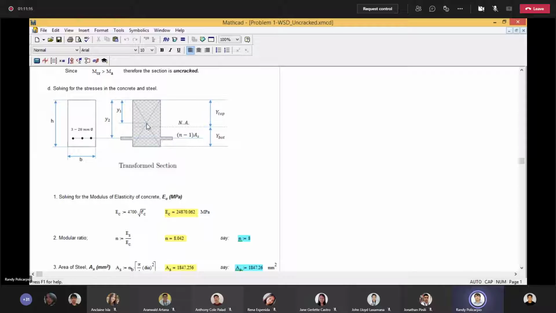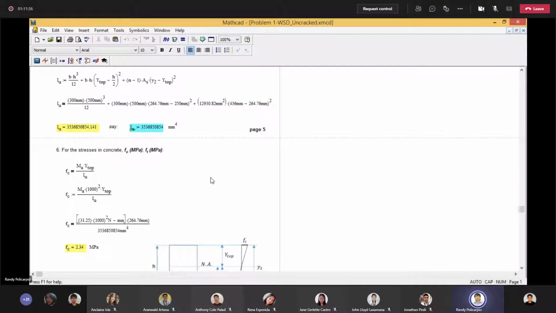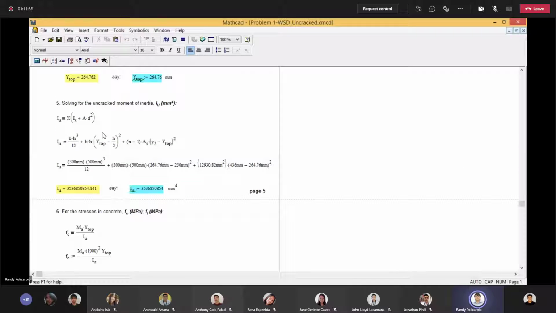The distance of the centroid of the concrete with respect to the neutral axis, also the distance of the location of this equivalent or transformed area of the steel with respect to the neutral axis. So this is about this, no? Okay?